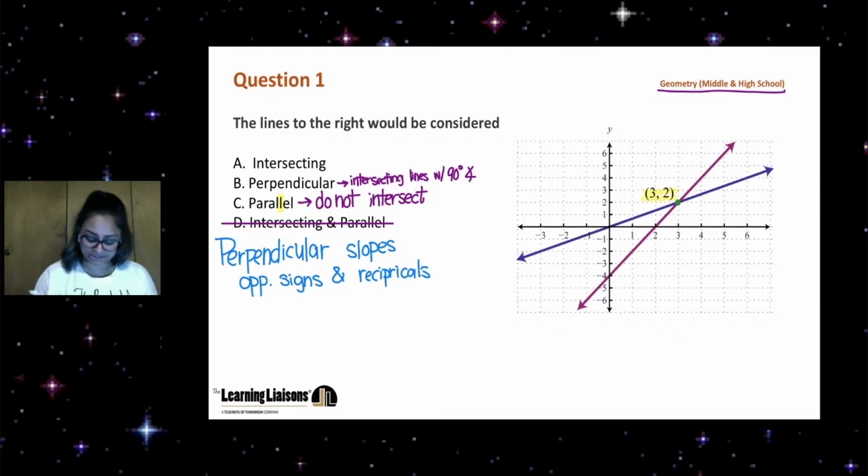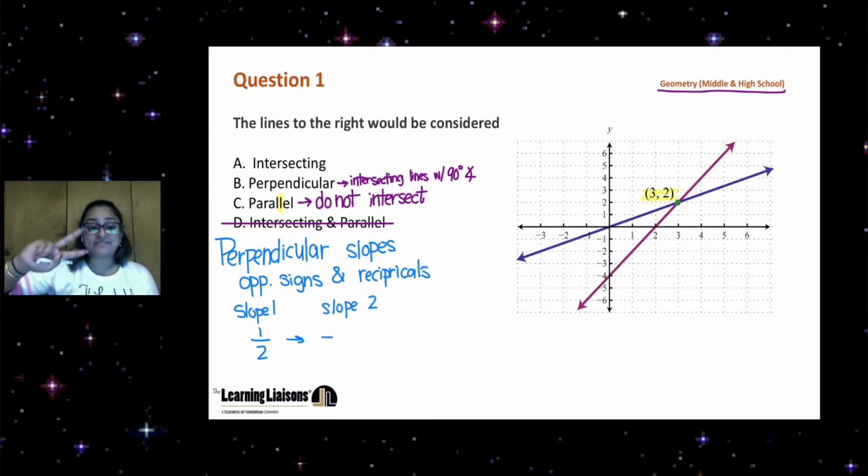What do I mean by that? If the first slope, slope 1, is, let's say, 1/2, then slope 2 needs to be the opposite sign, so it has to be negative, and the reciprocal. So we take our fraction and flip it, and 2/1 is the same as just 2. So perpendicular slopes are opposite signs and reciprocals of one another.